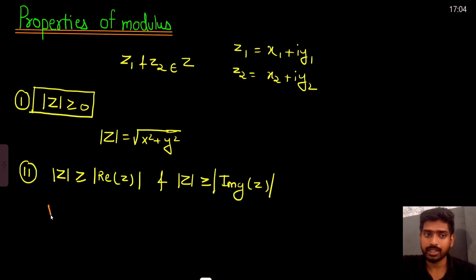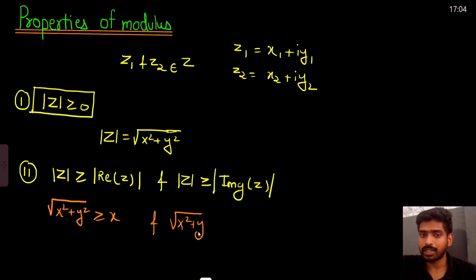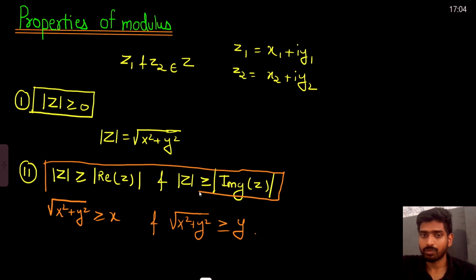The mod of z is under root of x square plus y square. And what is the real part of z? Real part of z is x. So obviously it will be greater than x. What is modulus of z? Modulus of z is under root x square plus y square. Obviously this is greater than the imaginary part of z. What is the imaginary part of z? Y. Got it? So this one is my second property of modulus of complex number.